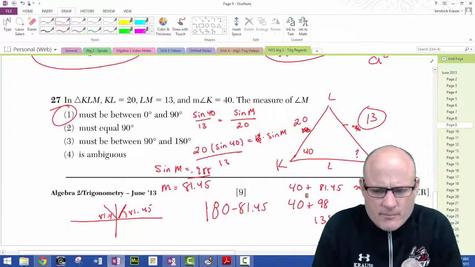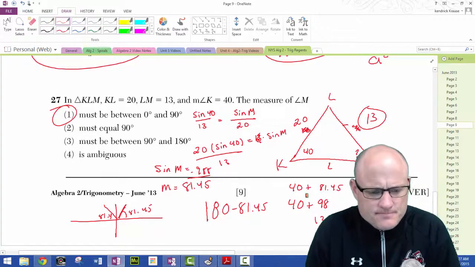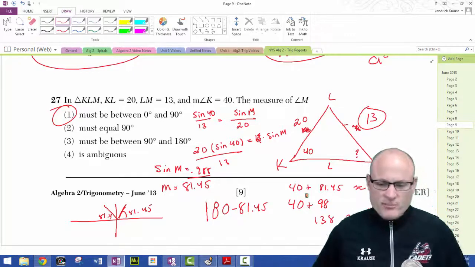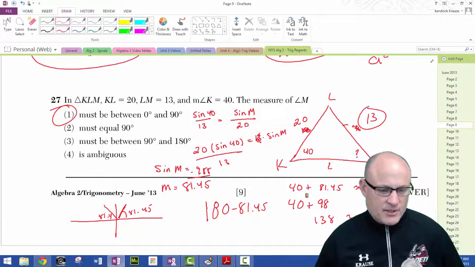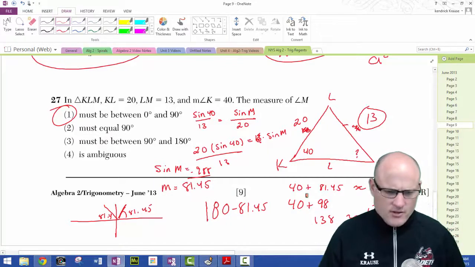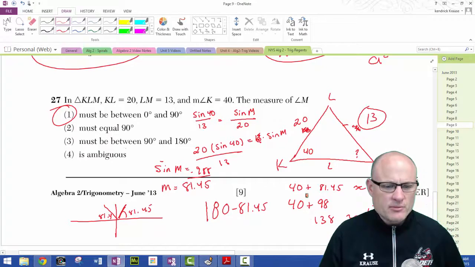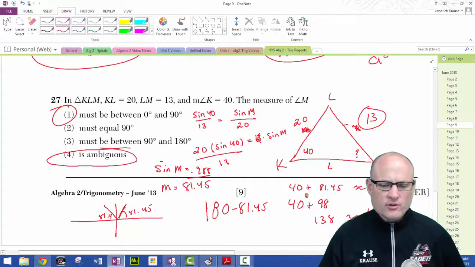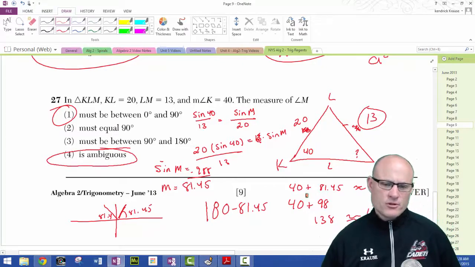So it's the ambiguous case. It's ambiguous, choice 4. It's interesting, though. I think the answer still could be between 0 and 90 both times. But it is ambiguous.